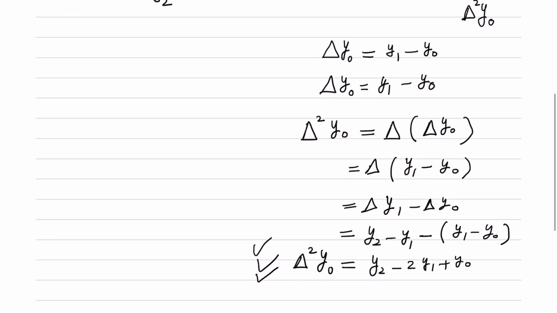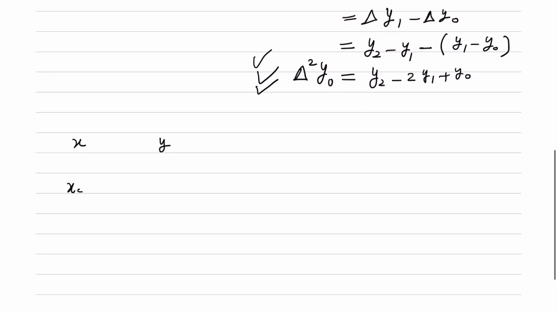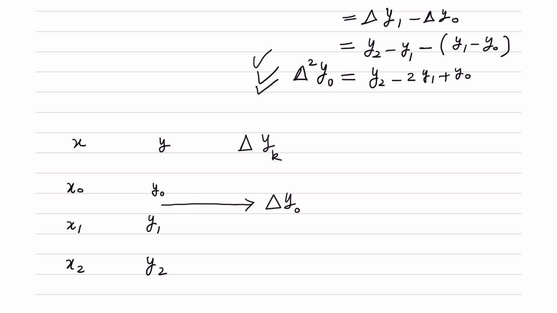So let's have a look at the forward difference table again. We had the xy data x0, x1, x2, y0, y1, y2, and we calculated the next column. It was the forward power 1 yk column. The first difference that you calculated for the third column was y1 minus y0, and you named it forward y0.